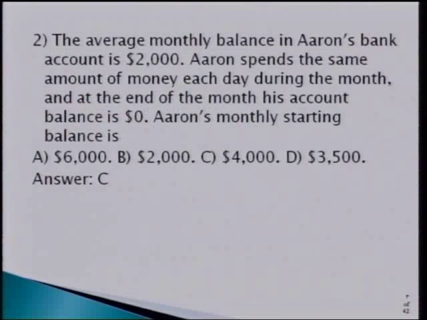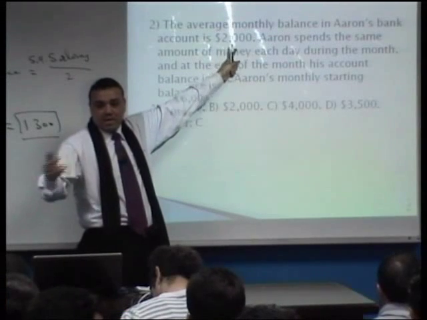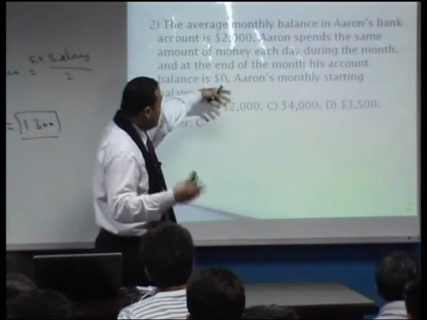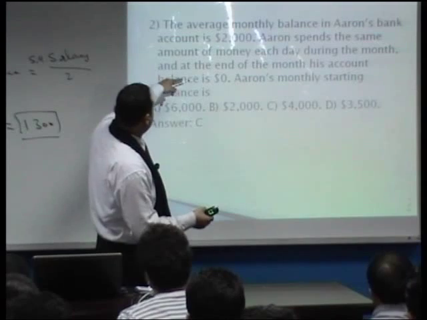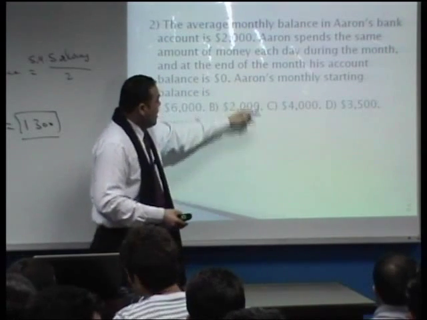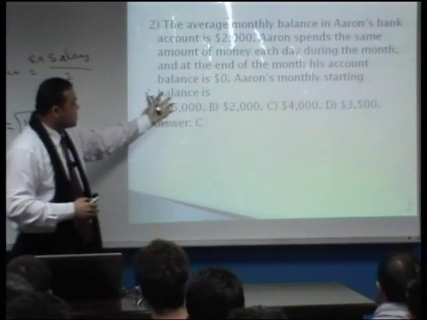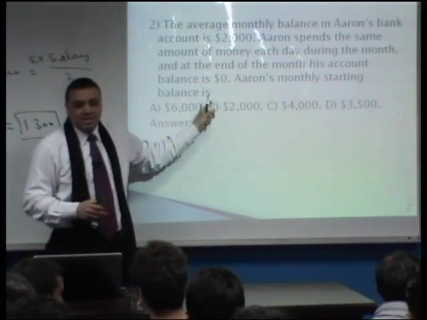Let's go to another exercise, the same. Here the average monthly balance is $2,000, and at the beginning of the month he receives his salary. The question is: the monthly starting balance is how much?